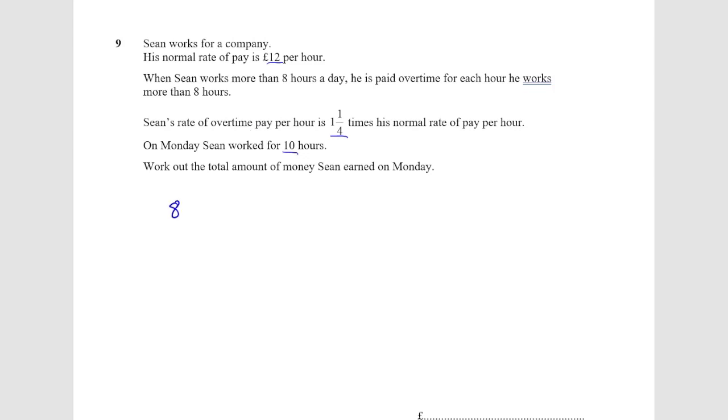He got 8 hours at his normal rate, so 8 times by 12, and he also got 10 minus 8, the overtime hours, times by 1 1/4. So that's really what we're doing.